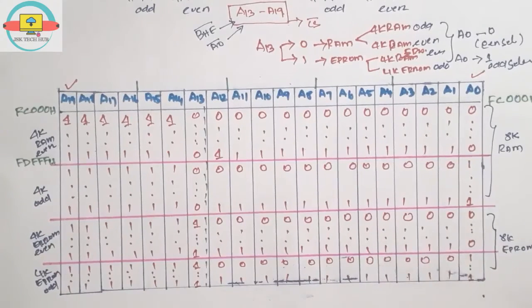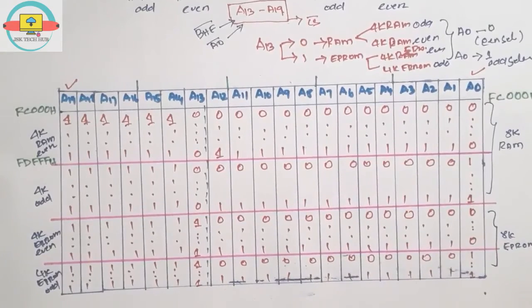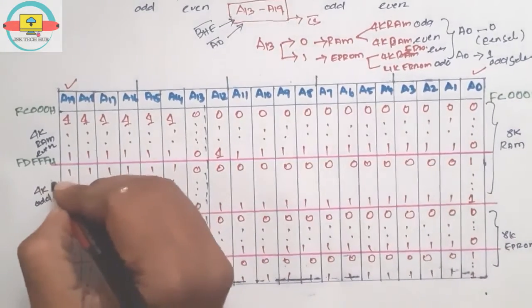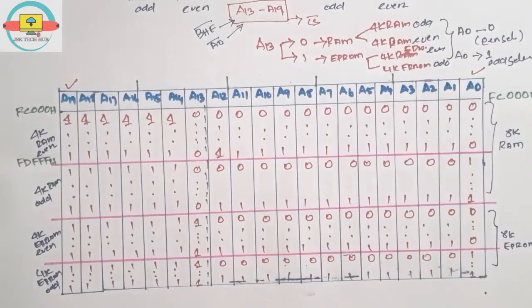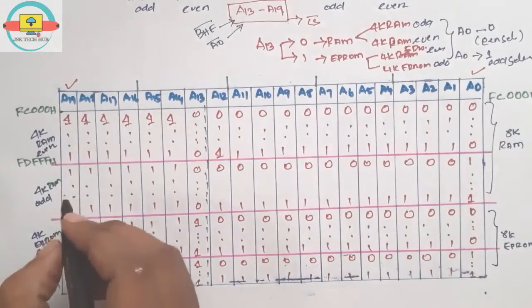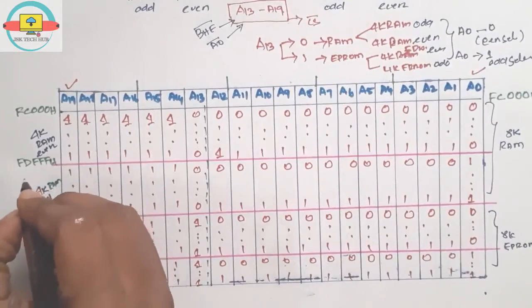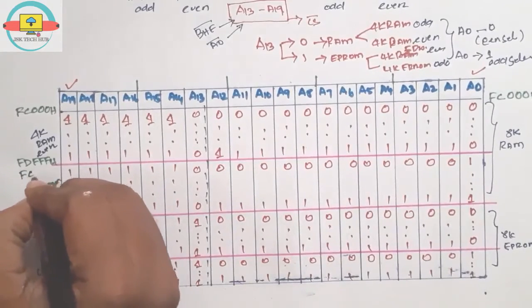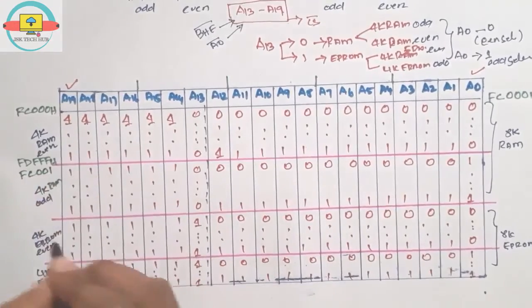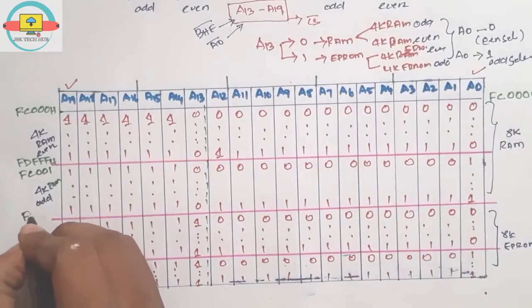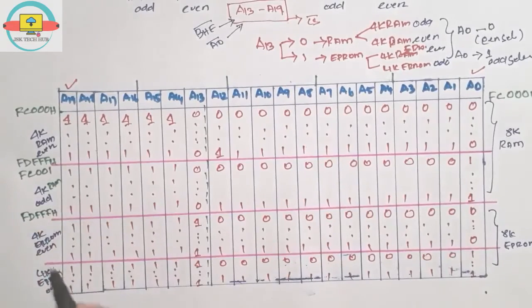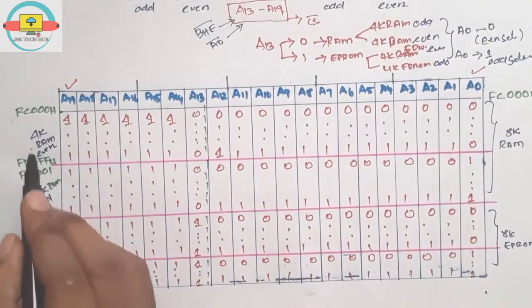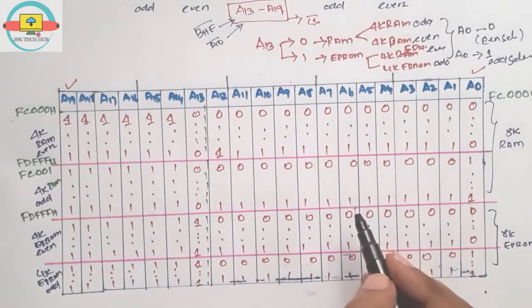Next, we calculate the starting and ending address of the 4 kilobyte RAM memory. The starting address of the odd bank 4 kilobyte RAM memory is FC001H and it ends with FDFFFH. So this is the starting and ending address of the 4 kilobyte RAM even bank and odd bank.